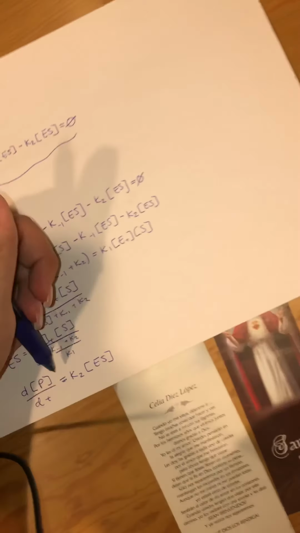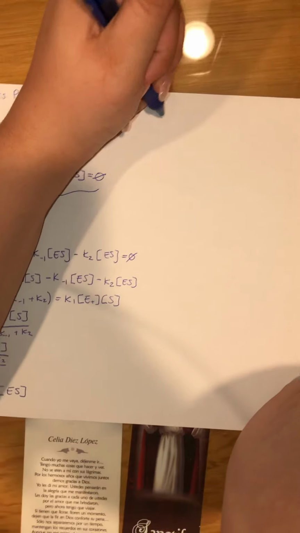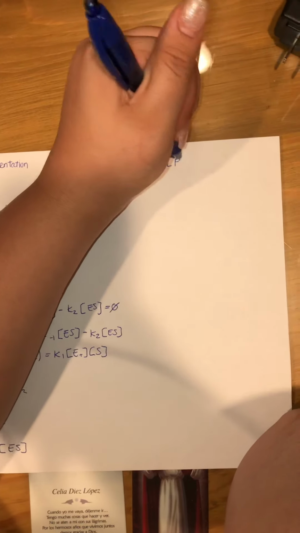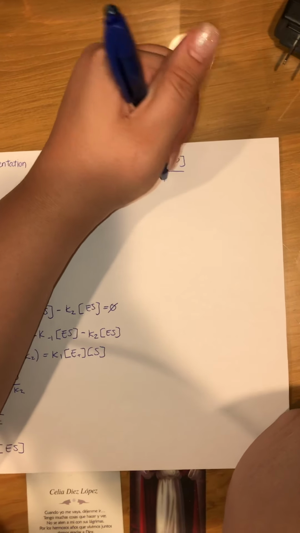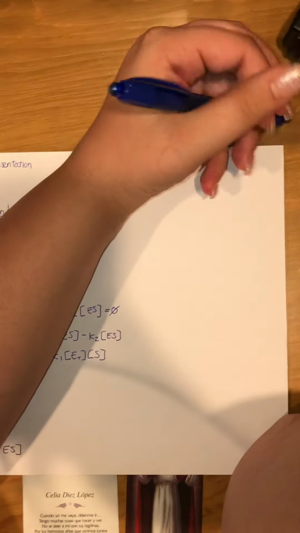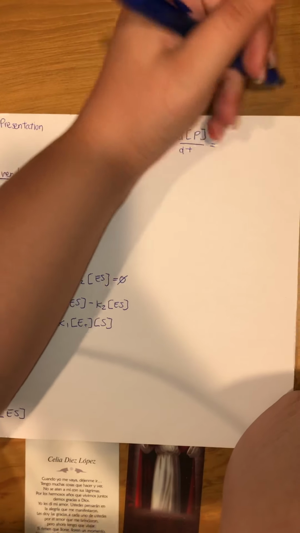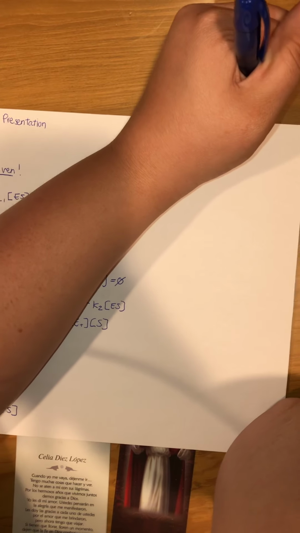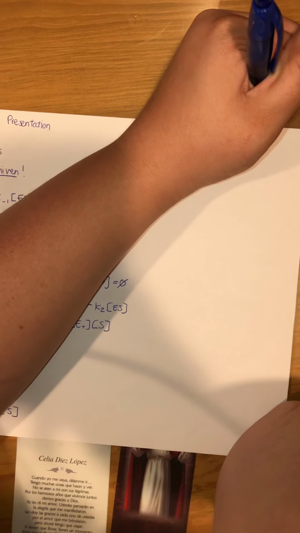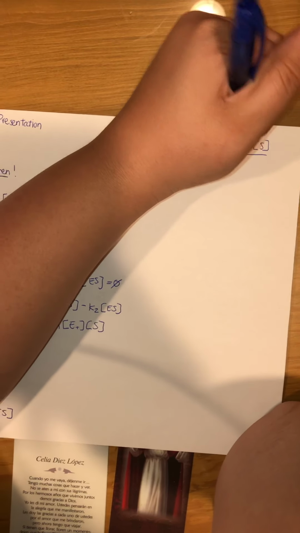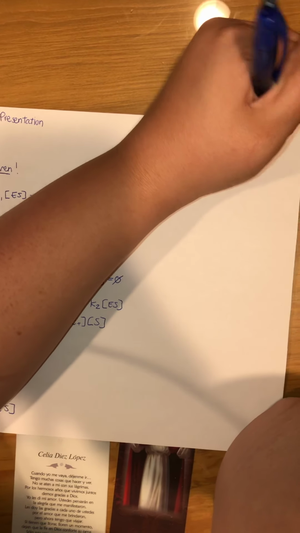So now that we have this equation, we know that the velocity is equal to this. And this equation is going to be equal to E sub T over S and Km.